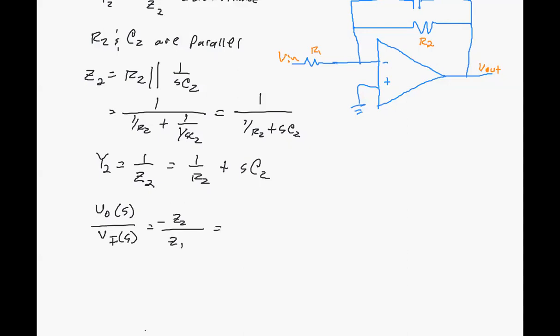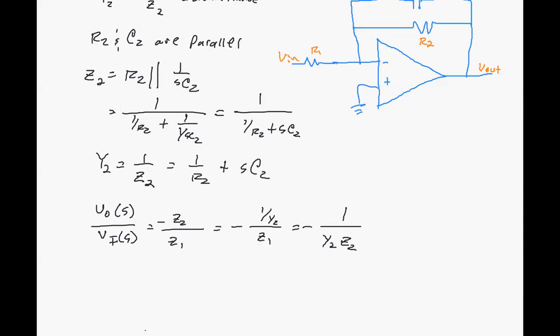But this would be the same as the inverse of 1 over Y2 over Z1. And that equals minus 1 over Y2 Z2. So this might be complicated, but this makes it really easy to substitute in and move, because we've just got that fraction up above, we just drop it in the bottom.